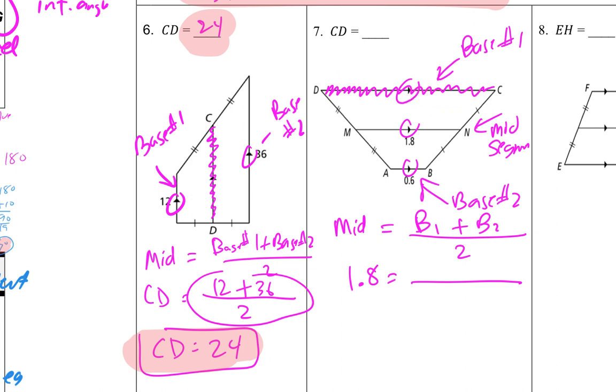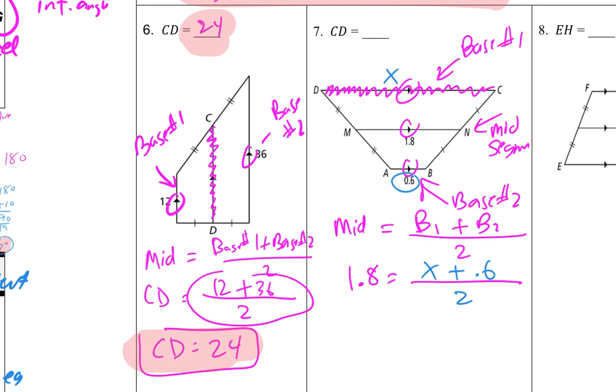We don't know base 1 yet, so we'll mark it with X. So X plus base number 2. Base number 2 is that 0.6. So we're going to say X plus 0.6, divided by 2.